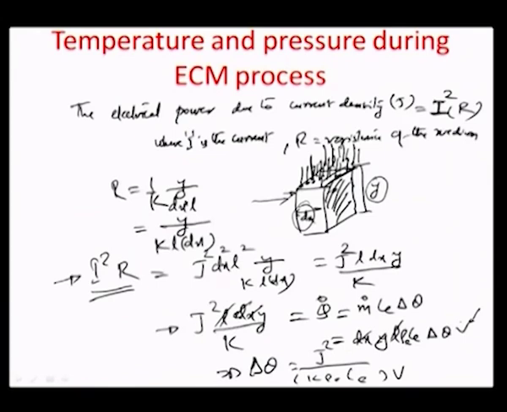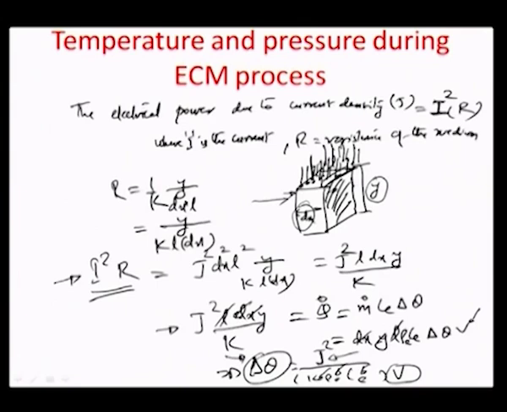So, there does exist a relationship between the temperature rise of the electrolyte and its velocity, and it is proportional to the square of the current density, inversely proportional to the electrical conductivity of the electrolyte, and inversely also proportional to the density of the electrolyte and the specific heat capacity of the electrolyte, C e and rho e.